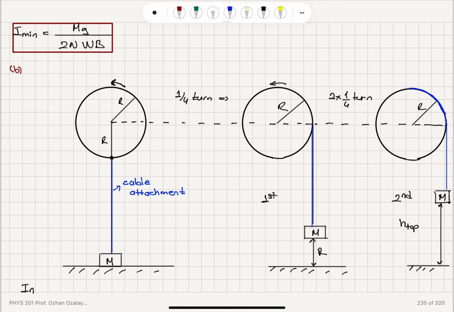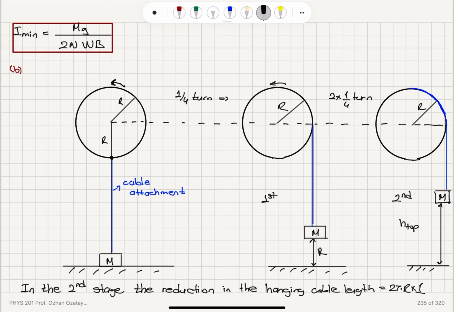In the second stage, the reduction in the hanging cable length will be equal to quarter of the circumference, which is pi r over 2.